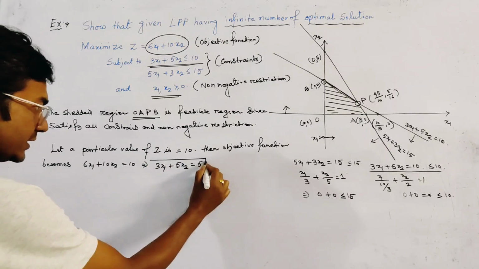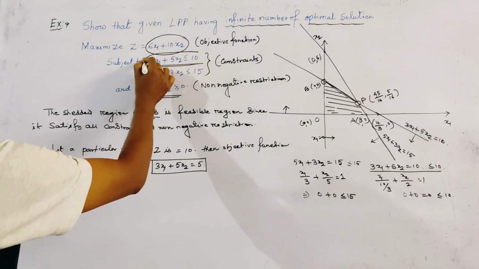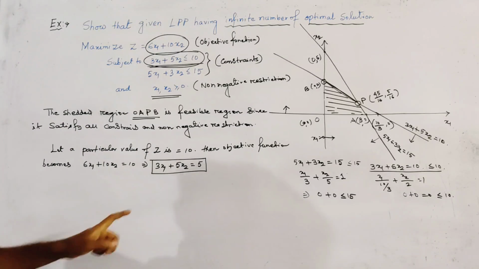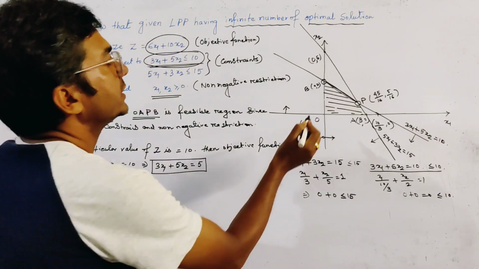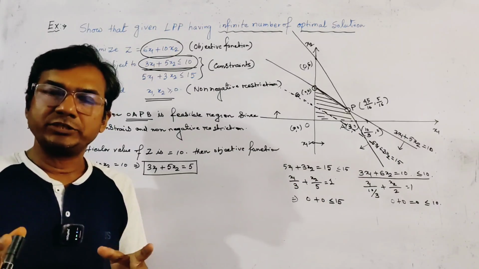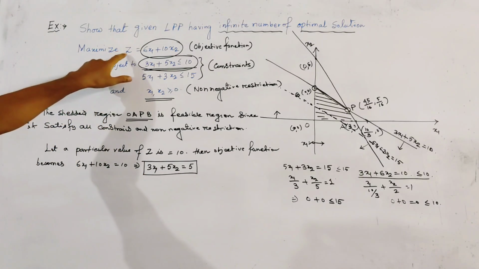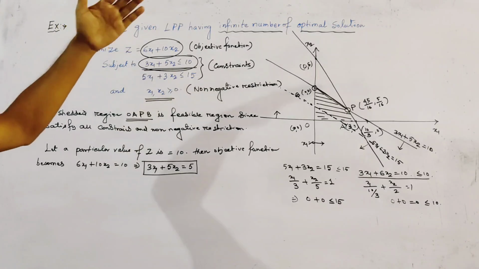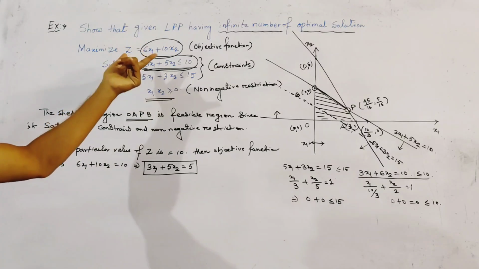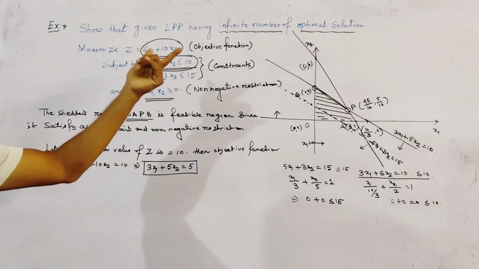It is clear that this objective function is parallel to the first given constraint, 3x1 plus 5x2 less than or equal to 10. So this line must look like this. Now we get two cases here. In this case the problem is of maximizing type, and in another problem, maybe it is of minimizing type. There are two processes to get the maximizing value of z or the minimizing value of z.